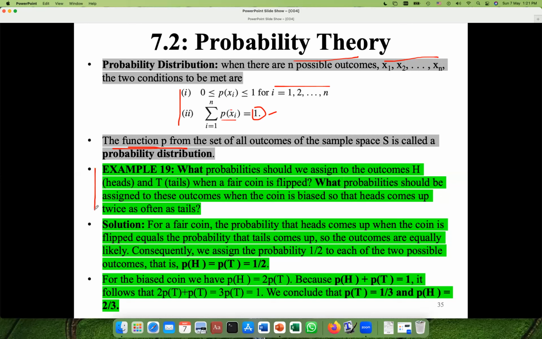Now we are going to see this example 19. In this example, we have two questions. First one is, what probabilities should we assign to the outcomes H, where H means head, and T is for tails, when a fair coin is flipped? When you flip a coin, what is the probability that head will come or the tail will come?